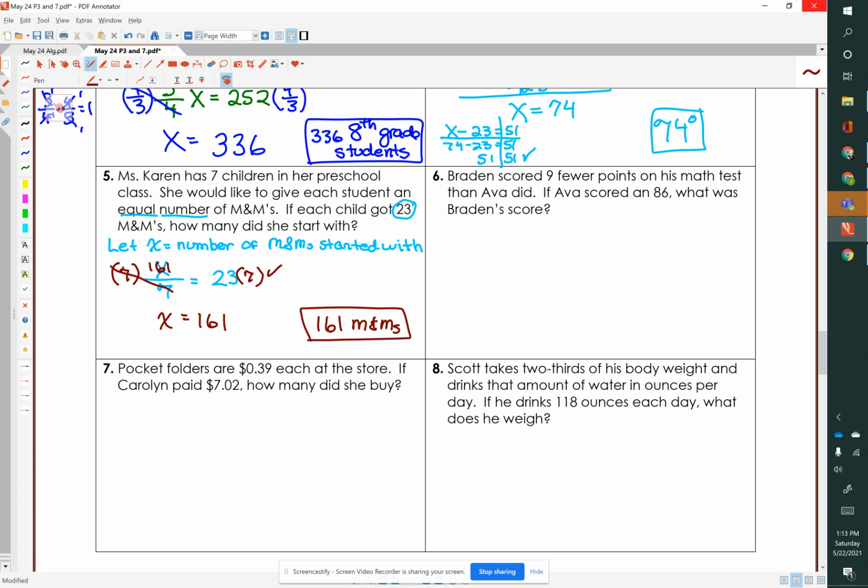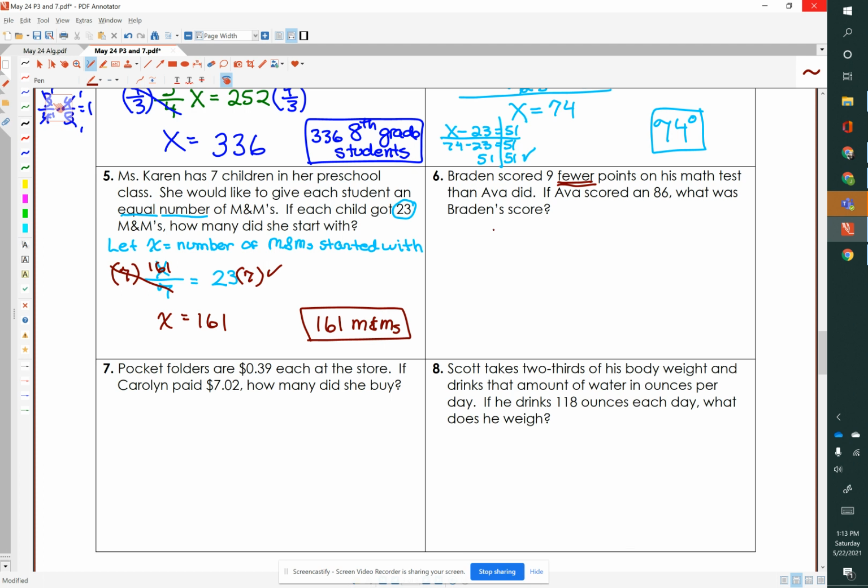So in number 6, Braden scored 9 fewer points on his math test than Ava did. So Braden scored fewer, that's less. If Ava scored an 86, what was Braden's score? So she scored an 86, and if you subtract his score, you get 9.